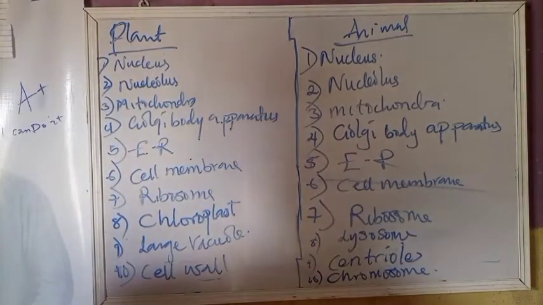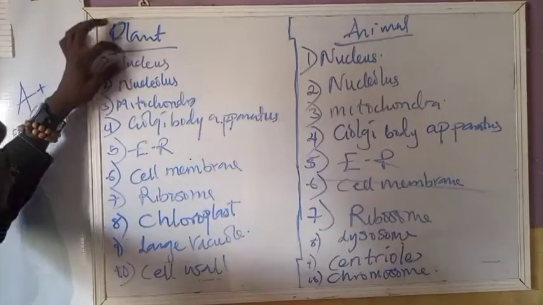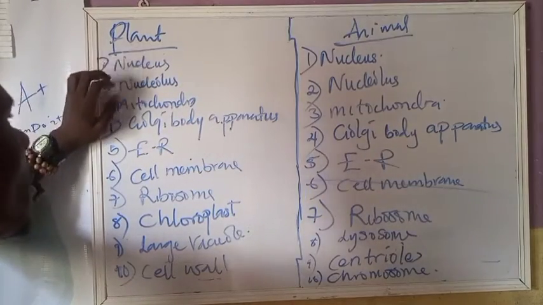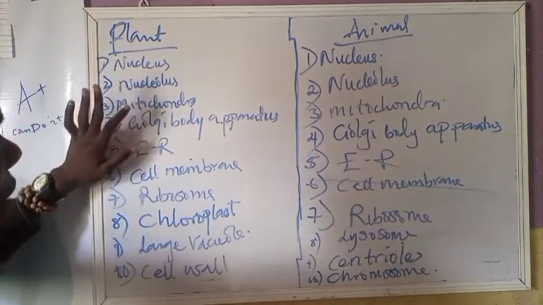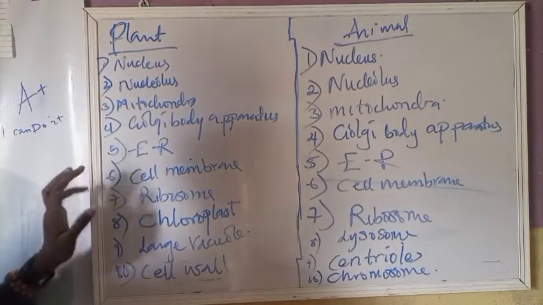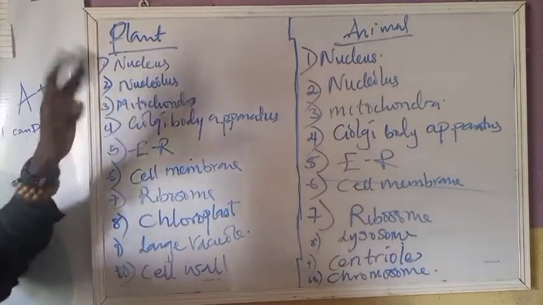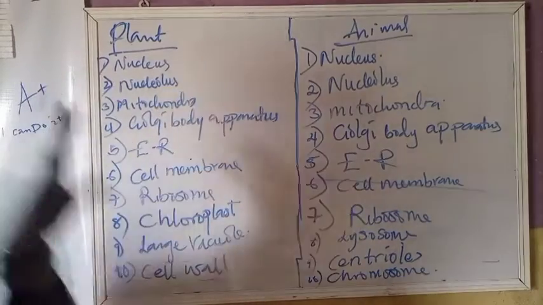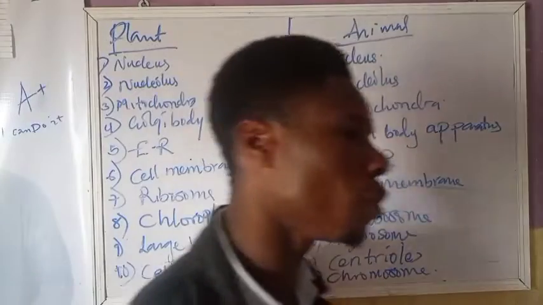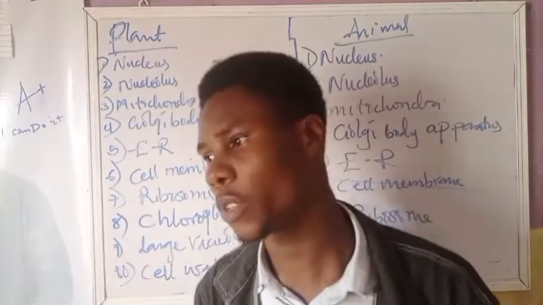So coming to the plant cell, we have the nucleus, the mitochondria, the Golgi body apparatus, endoplasmic reticulum, cell membrane, ribosome, chloroplast, large vacuoles, and so on. Plant cell, as an example, has a nucleus. What is the function of the nucleus? It is very simple.